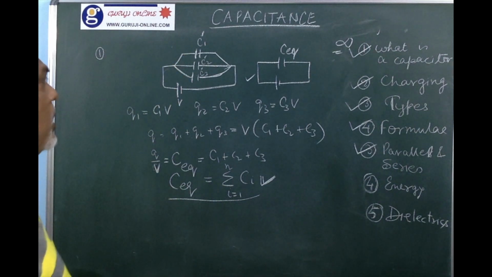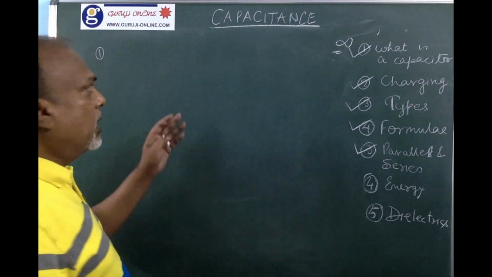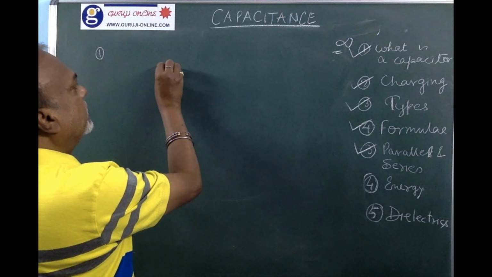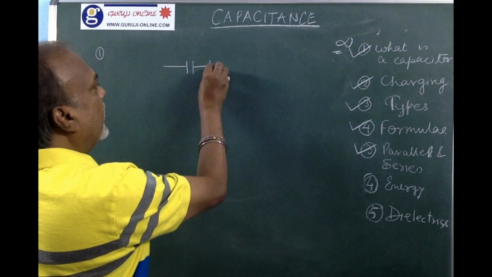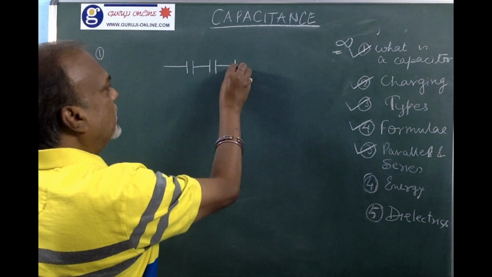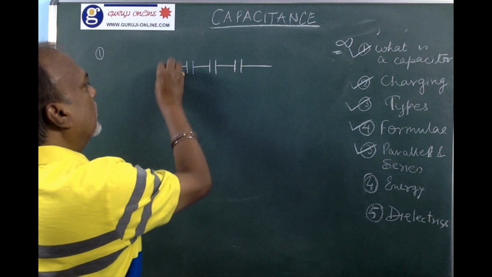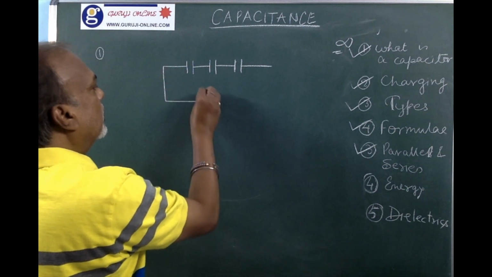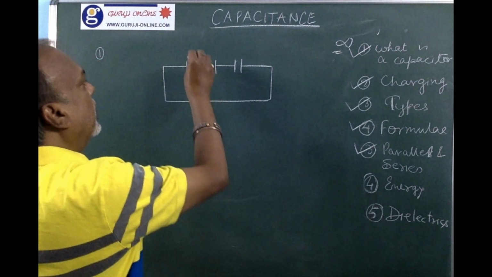Now let us see if they are connected in series. Let us draw the capacitors in series. Capacitors are denoted by this sign like this. Now this is how they are connected in series.